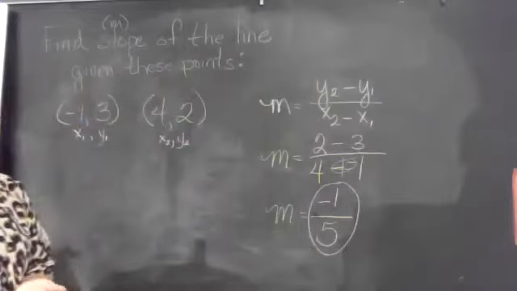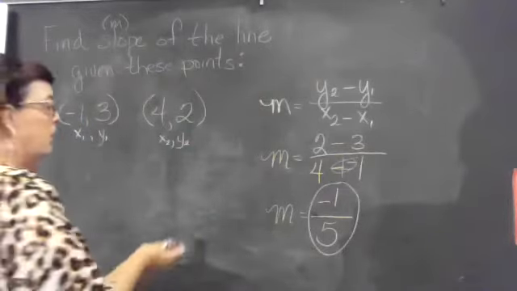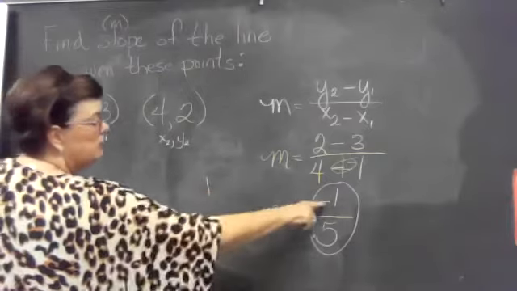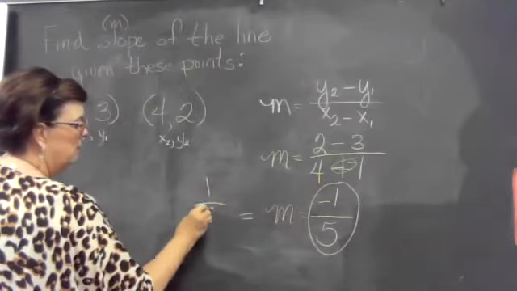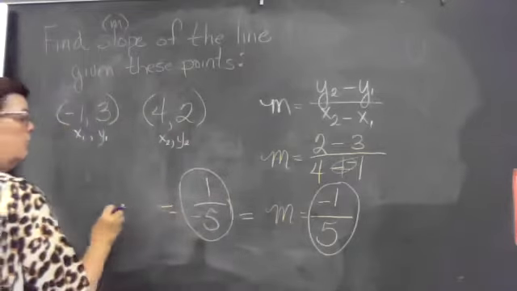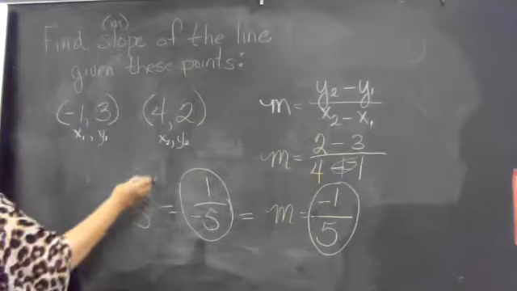But we're not worried so much about where the negative is in the answer. On a fraction, the negative could be on the top, or it could move to the bottom, or it could actually just be put out in front.